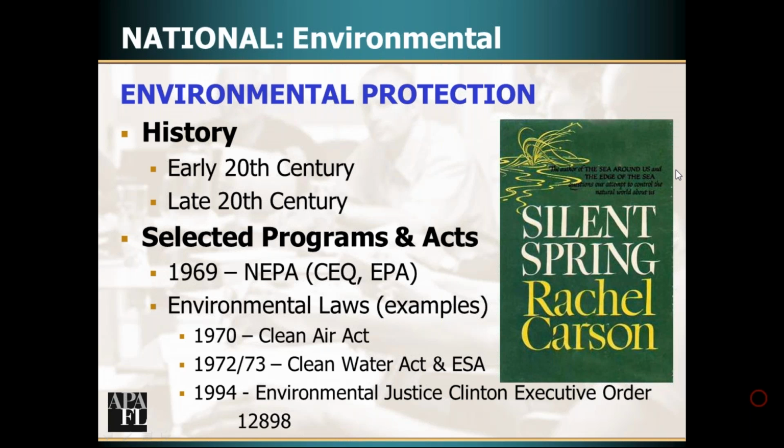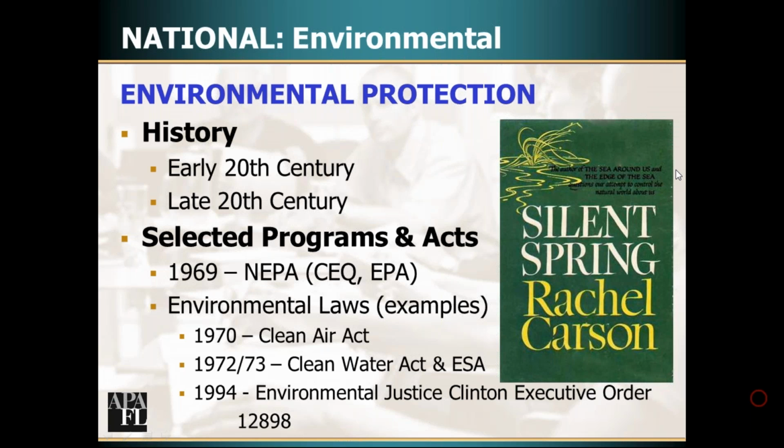That led eventually to a big push under Nixon to do environmental programs, with 1969 being when NEPA was done, the National Environmental Policy Act, which I talked about, forming the Council on Environmental Quality in the President's office in the White House, and then forming the Environmental Protection Agency.